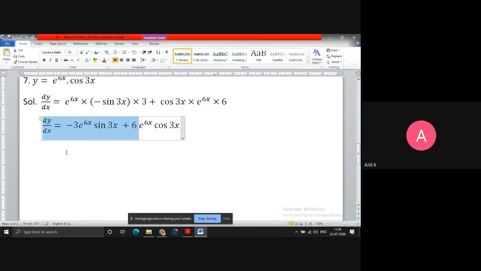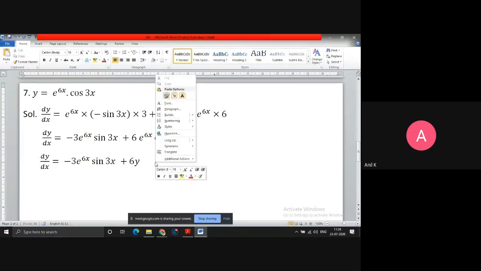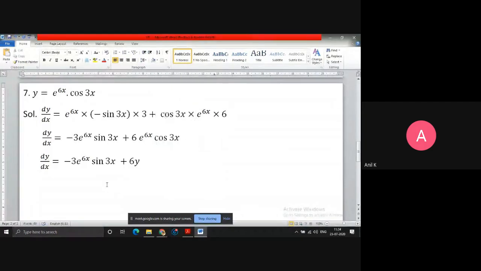Look at this function, e power 6x into cos 3x. This is nothing but y. So in place of this, I can replace it as just y. Then when I do the second order derivative, I need not apply the uv formula twice. It's enough to apply it only once. So that replacement you can do and you have to do also.